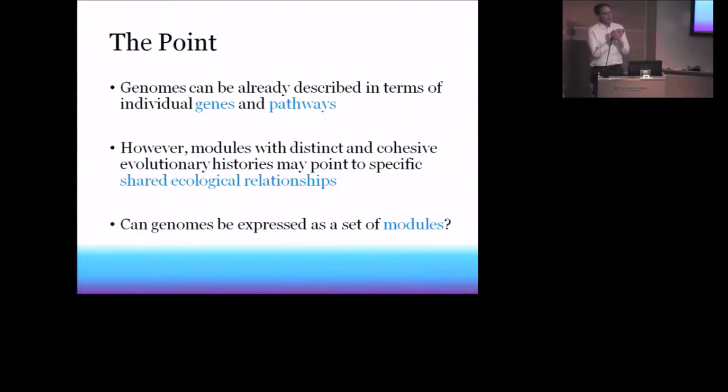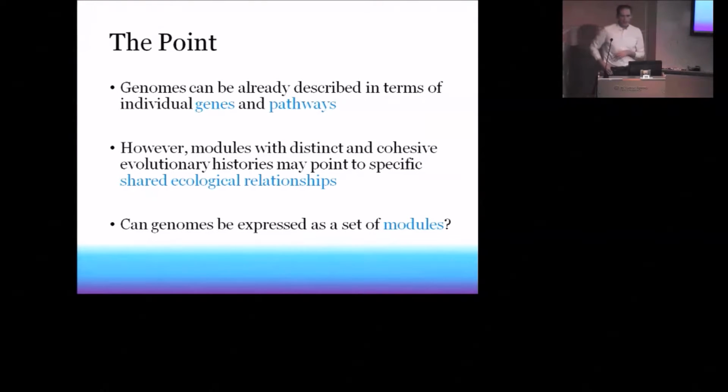But think about now being able to identify these sets of genes that share common evolutionary histories. In particular, common weird evolutionary histories, such that here's the diversity of bacteria, and there's a set of genes that are found here and here and here and here and nowhere in between. If you can find many genes that have that kind of pattern, then that suggests strongly that they have something to do with each other.